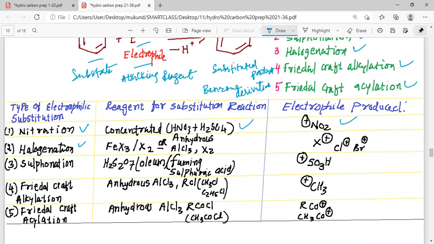That means we can use FeCl3 with Cl2 for chlorination, and we may even use FeBr3 with Br2 for bromination, or we can use AlCl3 and X2. That means we can use AlCl3 with Cl2, or AlCl3 with Br2, and thus we find the halogen cation as an electrophile. So we may have Cl+ or Br+ as an electrophile during the mechanism.